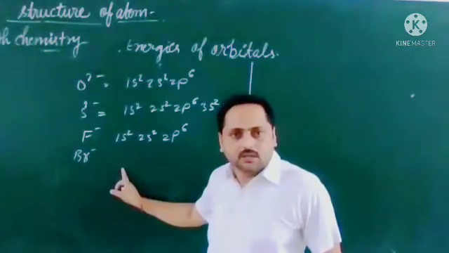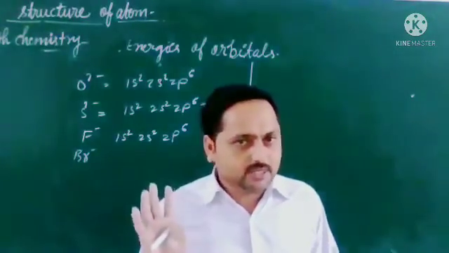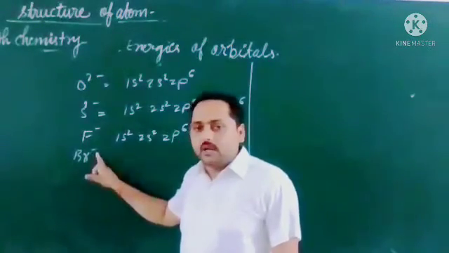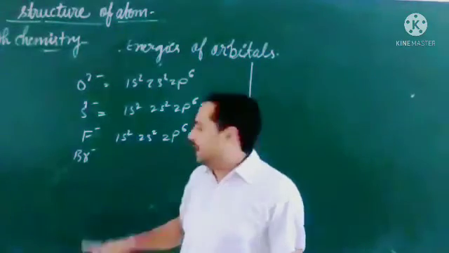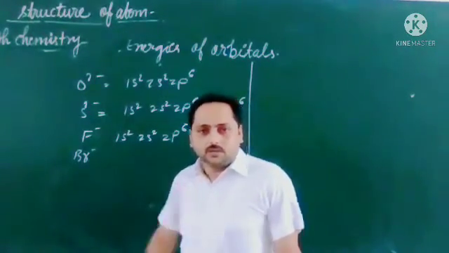Can you write it? Up to 30 we have already discussed, and here Br is 35, so with the extra electron it is 36. So the next electron will go in 4p, and we write 4p6. Got it? So like this we can write.